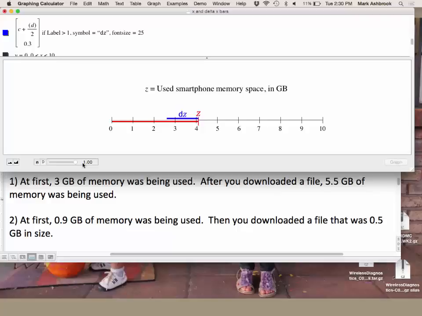Read carefully. Read carefully. Is it good? Oh, good.